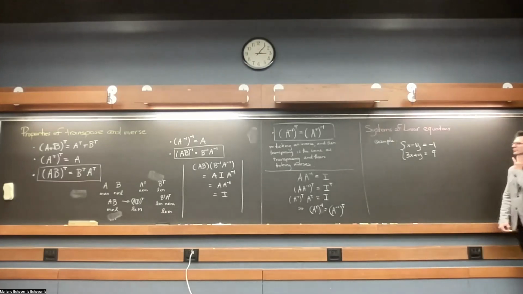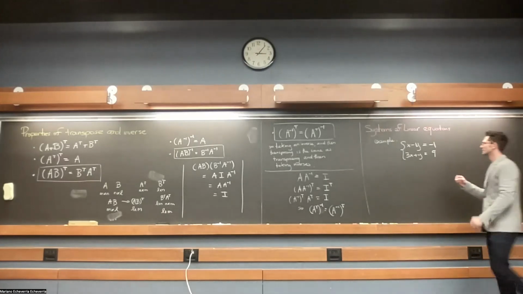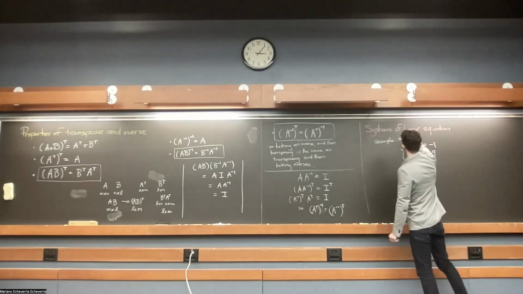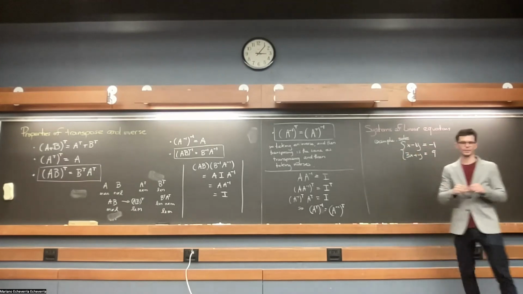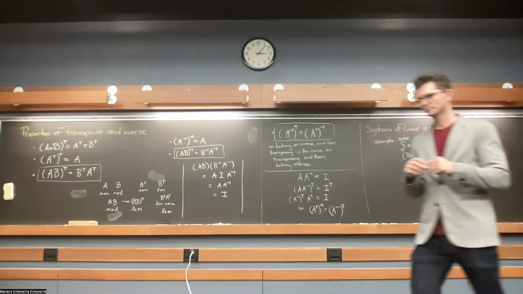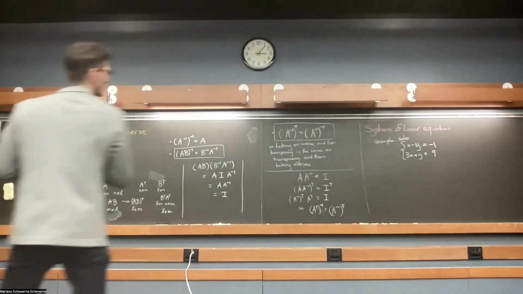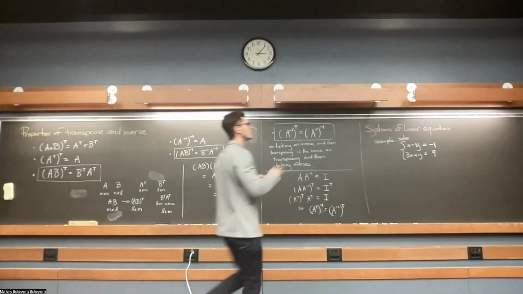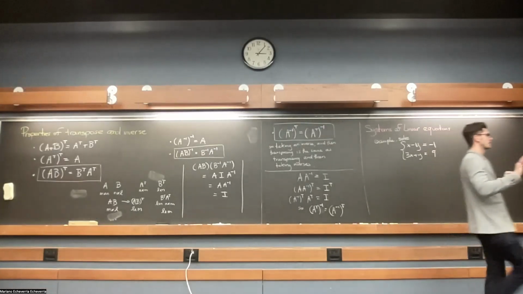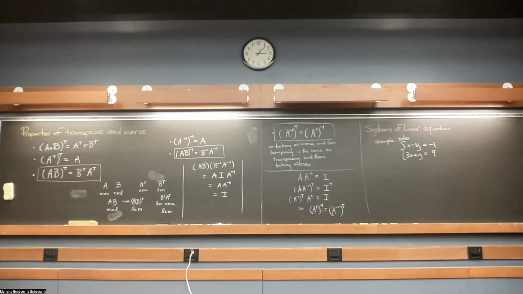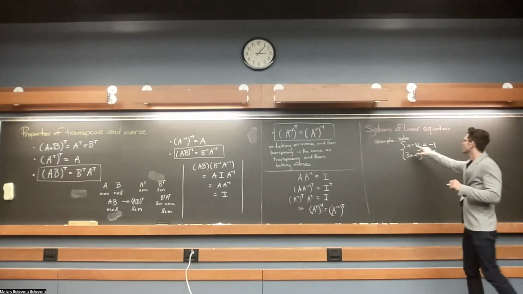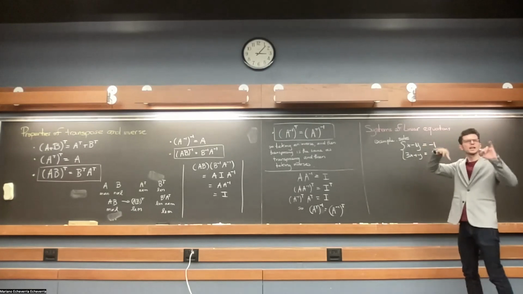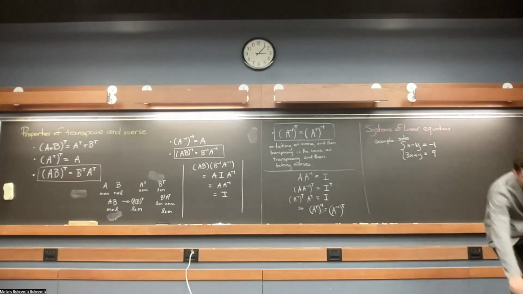Imagine that someone had asked you to try to solve this system. You have seen things like this before, maybe. This is the traditional approach of what you may have done.